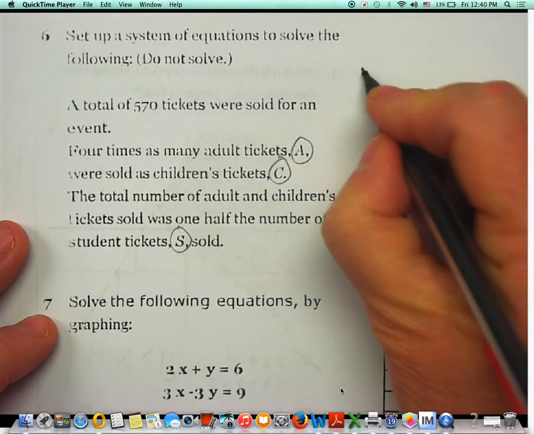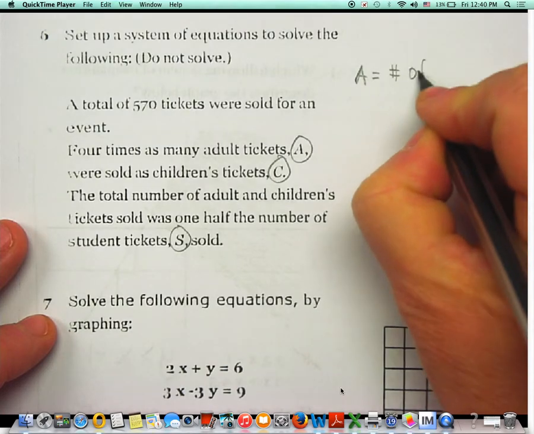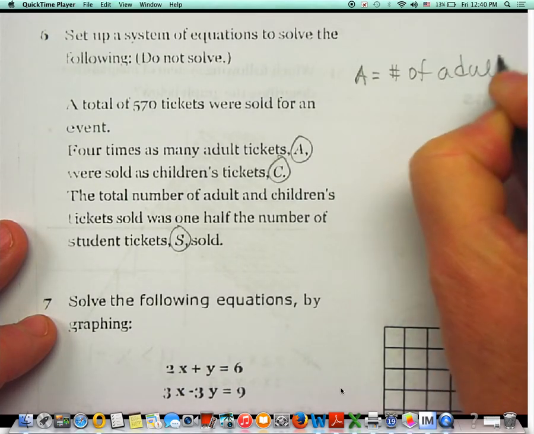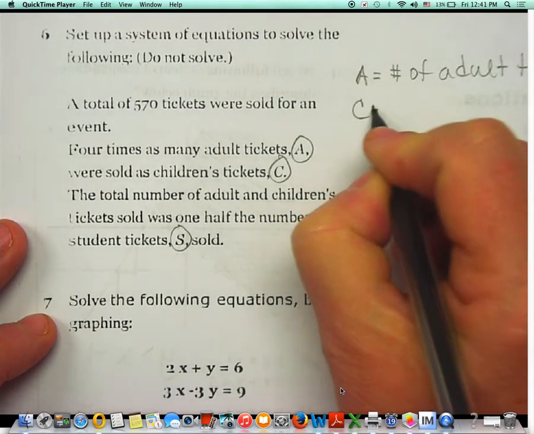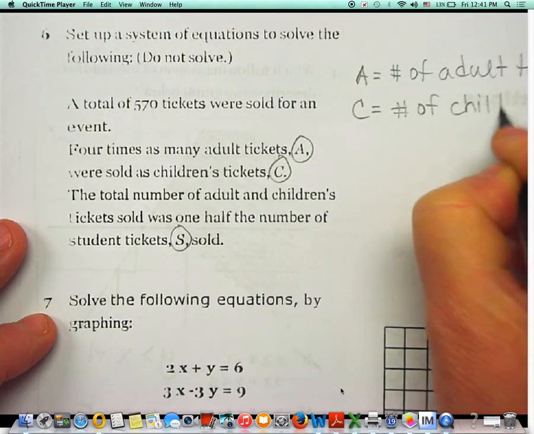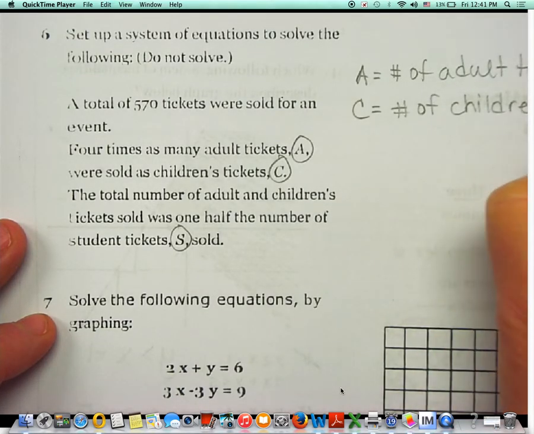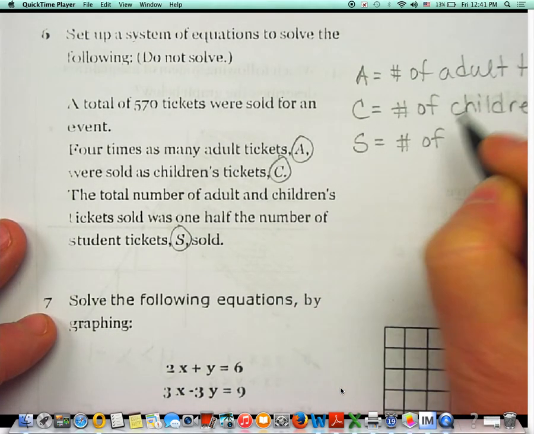So A is going to equal the number of adult tickets. C is going to equal the number of children's tickets. And S is going to equal the number of student tickets.